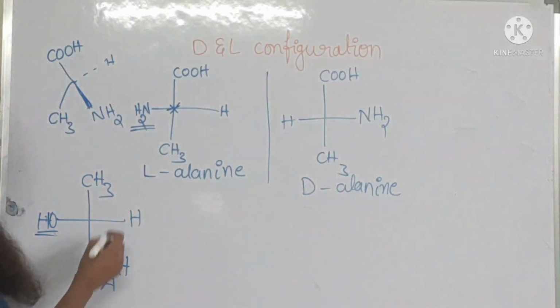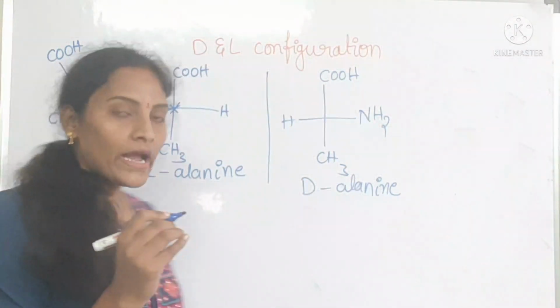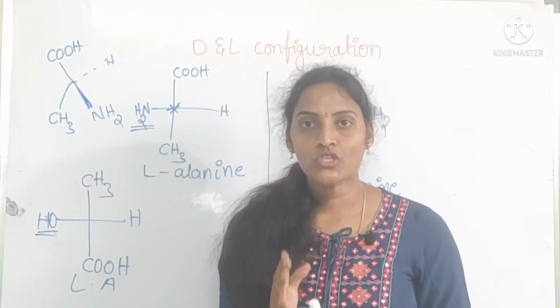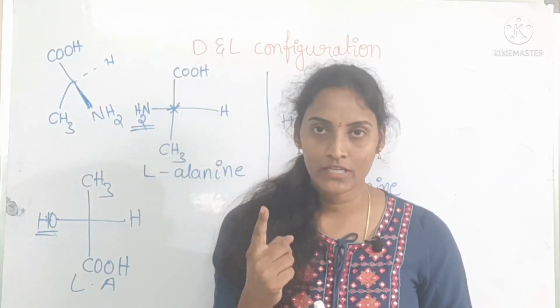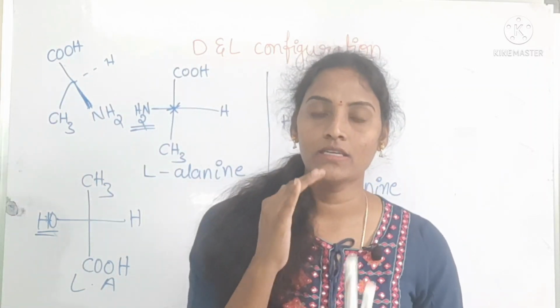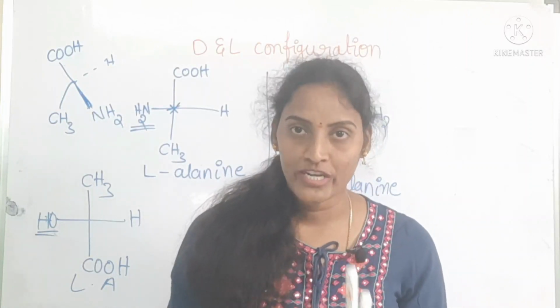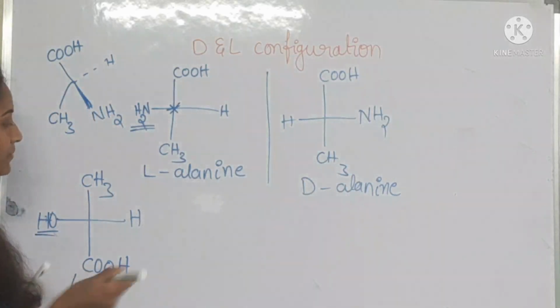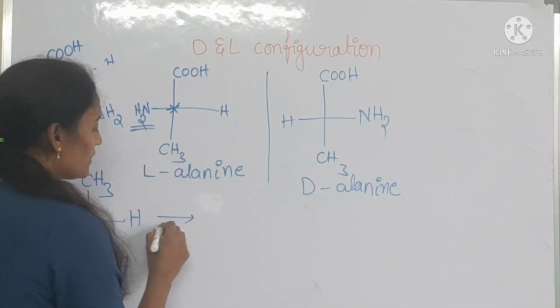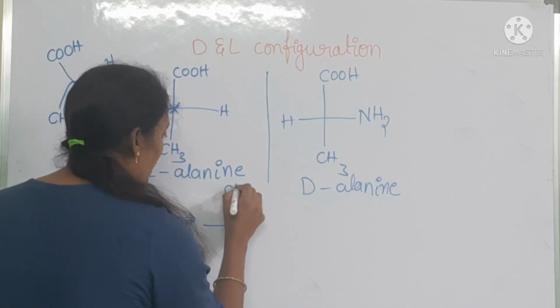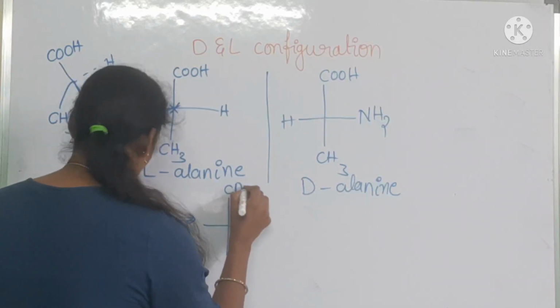Why? Because we have a rule on Fischer projection. The most oxidized group should be on top of the vertical line, and the most reduced form should be at the bottom of the vertical line. So you have to flip this molecule by 180 degrees rotation. Now you get the homomer of this lactic acid.